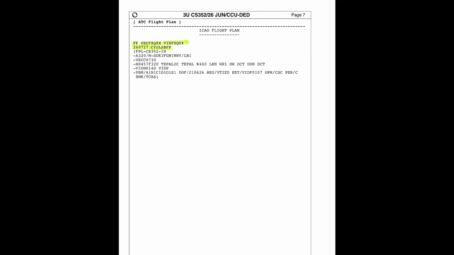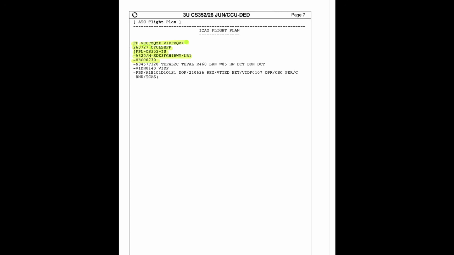Okay, this is the aircraft and its equipment, VCC 0730. So we are departing from VCC, Victor Echo Charlie Charlie, at 0730 time.